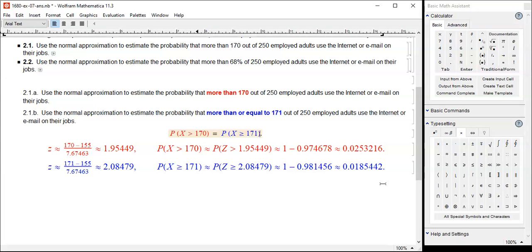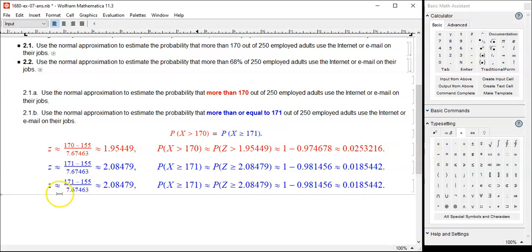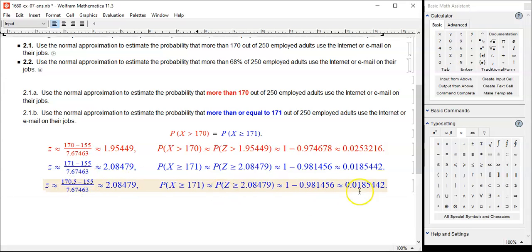Now, how do we make it right? And which one of them is correct? Actually, neither is correct. The best way to mend it, 170 and 171 are equally as valid or equally as invalid. So let's mend it using the z-score computation as 170.5.